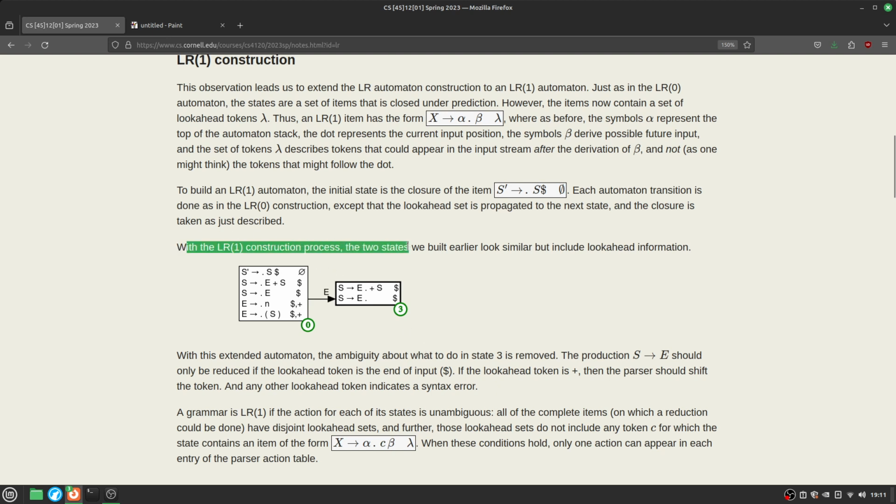So with the LR1 construction process, the two states we built earlier look similar but include look ahead information. If we're in this state and we complete an E, or we've taken E, we could complete E here.